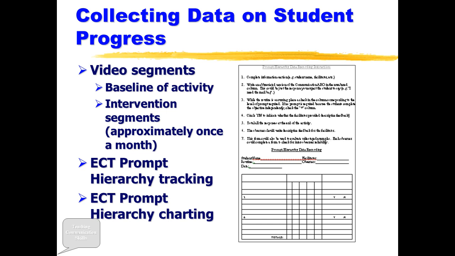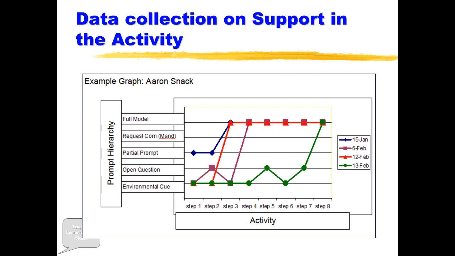It's just a matter of when they did communicate, which level of prompt they communicated at. And that kind of chart might look like this example here.